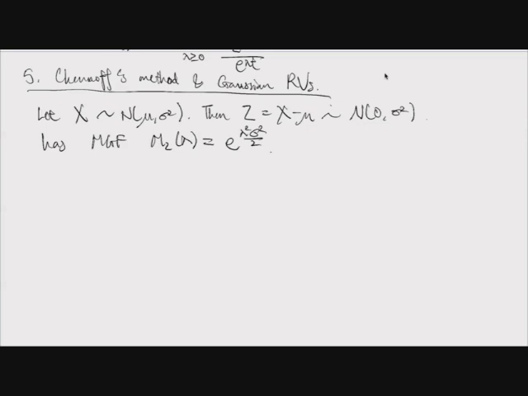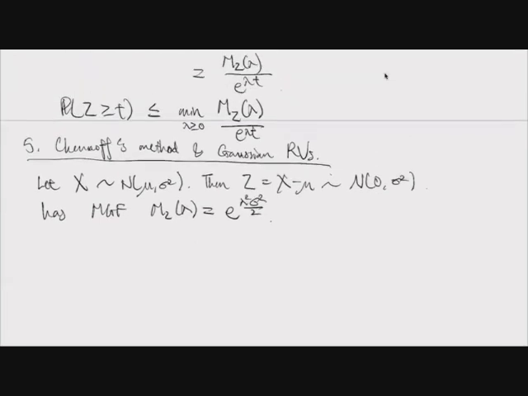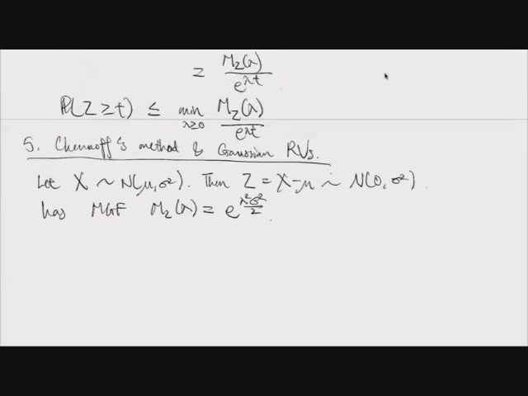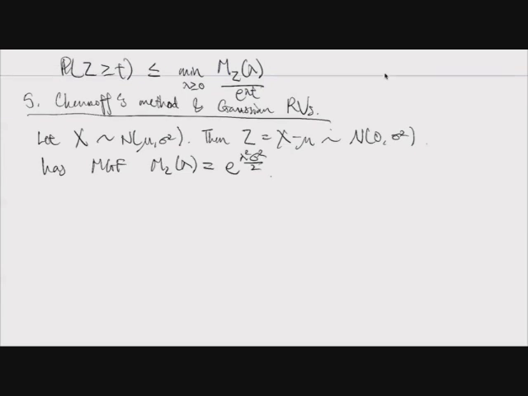Now that we have some computation for the moment generating function, we can plug this into Chernoff's method. In other words, we can plug it into this expression here. And I need to be careful about copying and pasting.